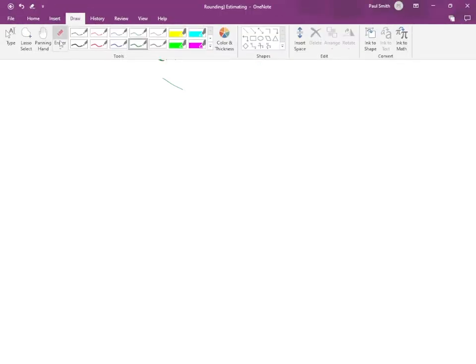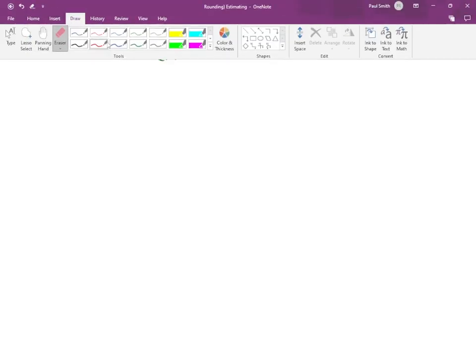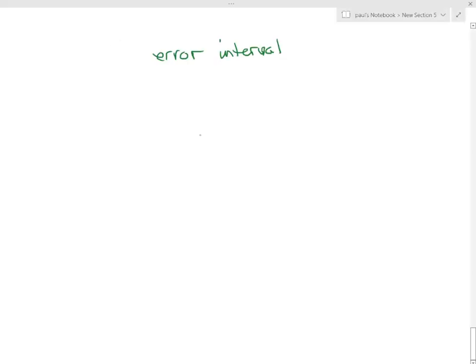Right, now, the error interval, yeah, I've got it at last, error interval. And this is a way of writing the weight and the upper and lower bound all in one little line, one mathematical line to represent what we're doing.